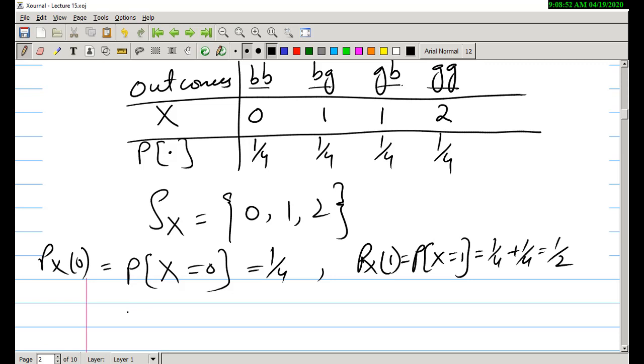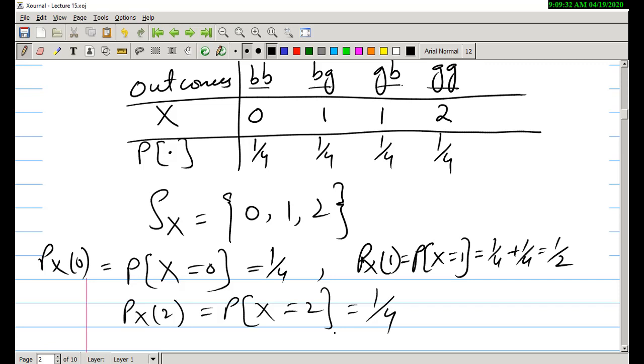For P_X of 2, it is 1 by 4, because we have only one outcome, GG. So you can see how simple it is. The probability mass function is used to define the probability of a discrete random variable. Remember that PMF is only for discrete random variables, and it is not used for continuous random variables.